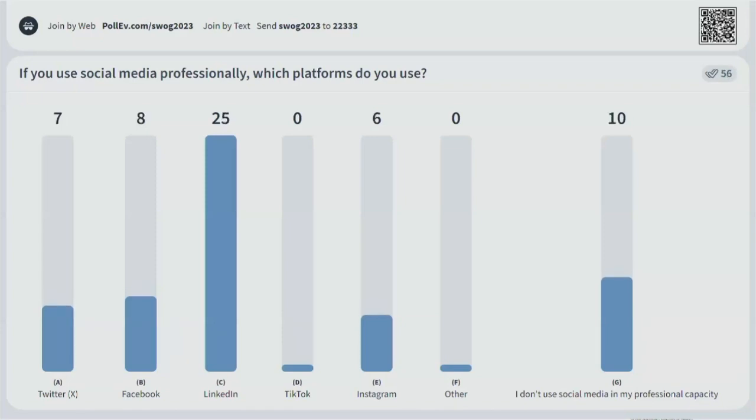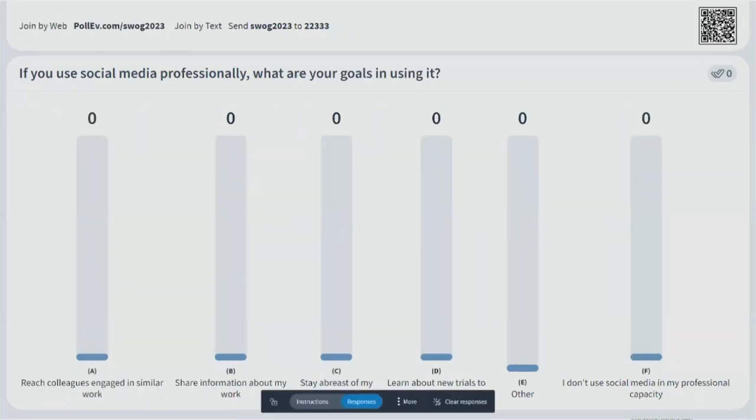Like LinkedIn is the big choice there. That's good. So we have plans to beef up our presence on LinkedIn, particularly for member engagement. Okay, one more question then. So if you do use social media professionally, what are your goals in using it?